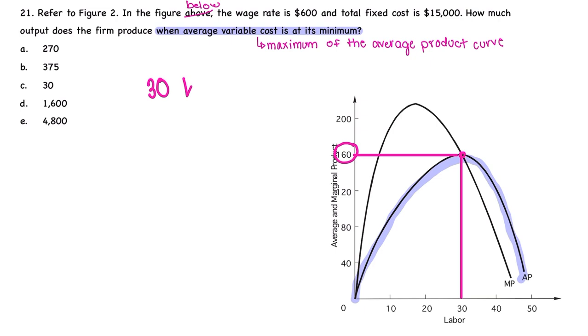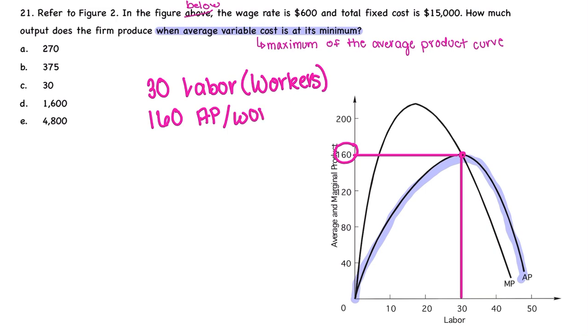So we're using 30 laborers, which means we're using 30 workers, 30 hours, whatever. And 160 is our average product per worker. So 30 times 160 is 4,800, which is E.